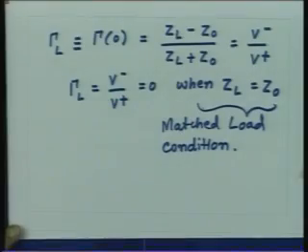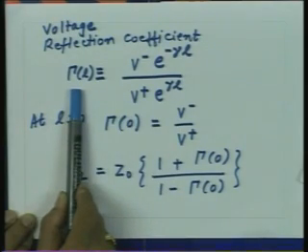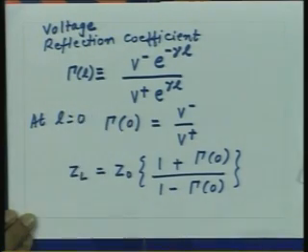Having understood this, one can generalize this, and then one can say that the way we have defined the reflection coefficient at any point on the transmission line, once you get the value of V minus upon V plus, I can find out the complex value of the reflection coefficient at any point on the transmission line.